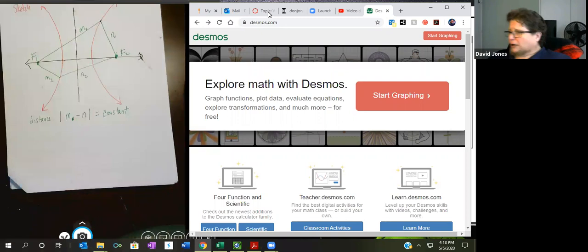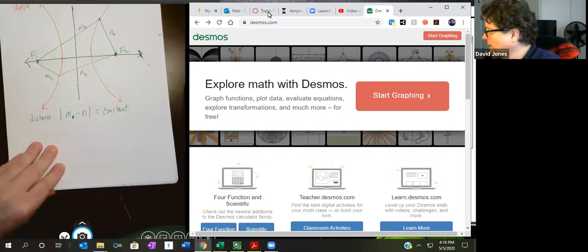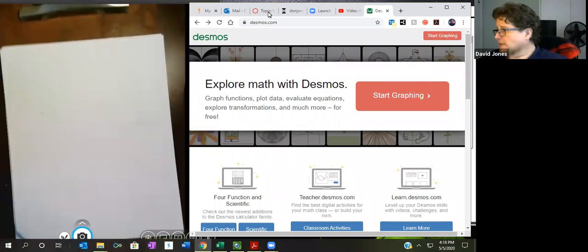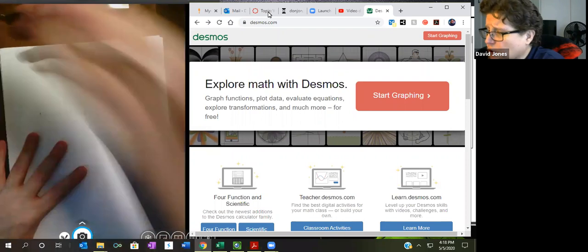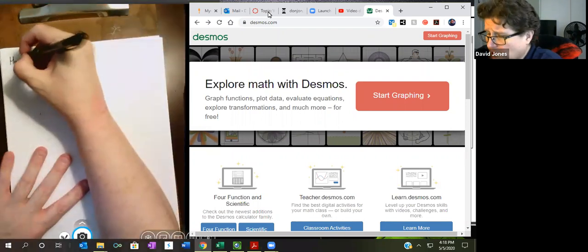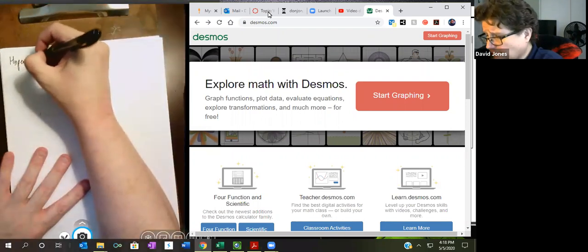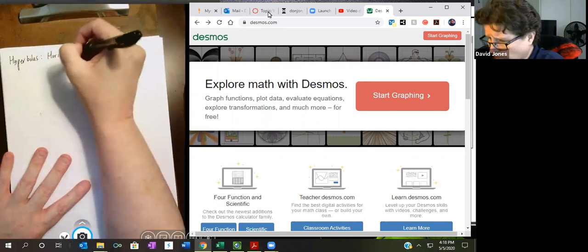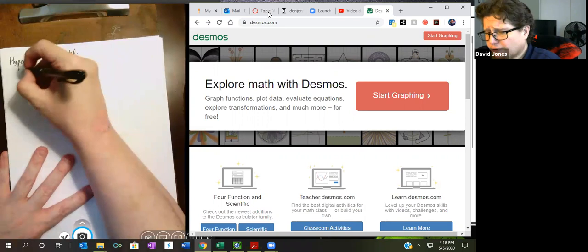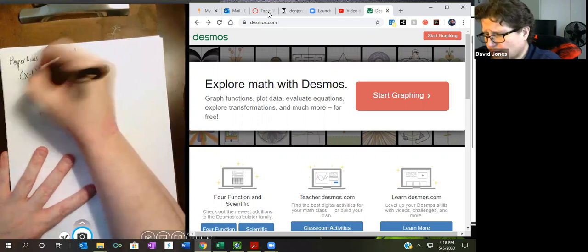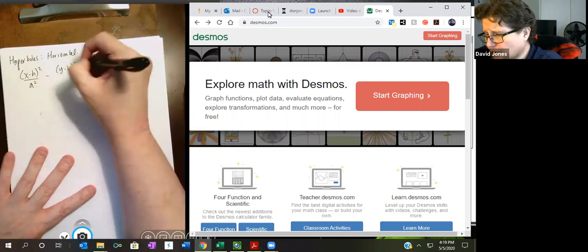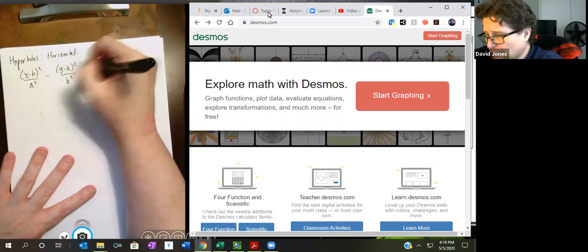So let's talk about our general rules for hyperbolas here. For the hyperbolas that open sideways, or the horizontal ones, the general form is x minus h squared over a squared minus y minus k squared over b squared equals 1.